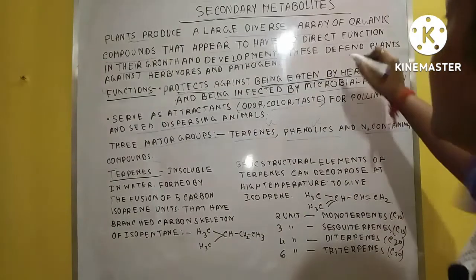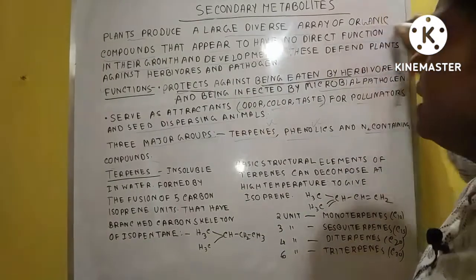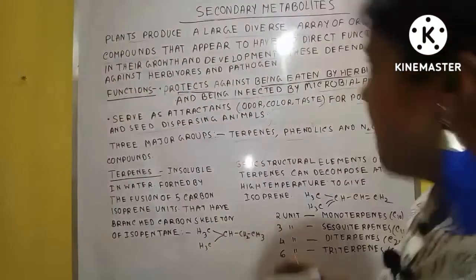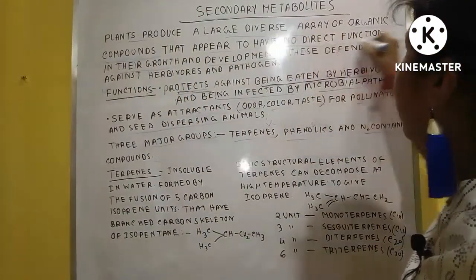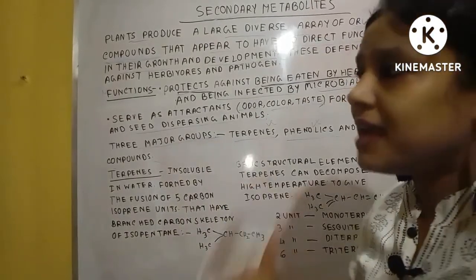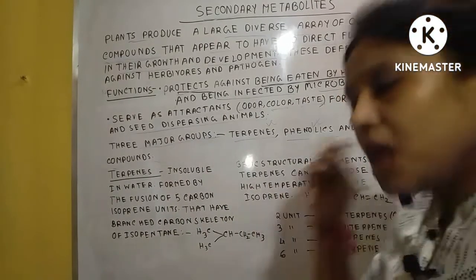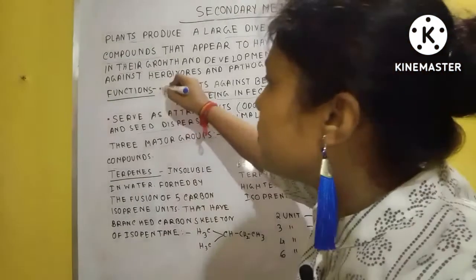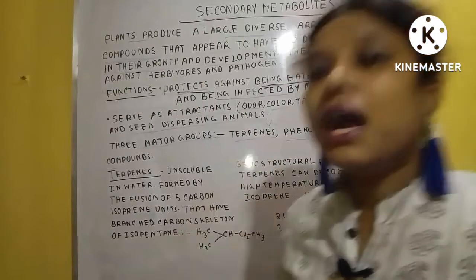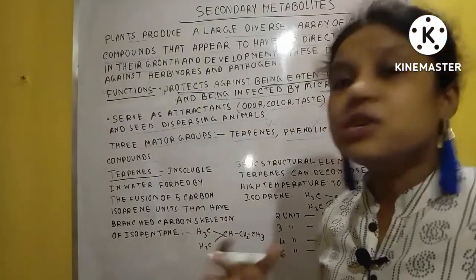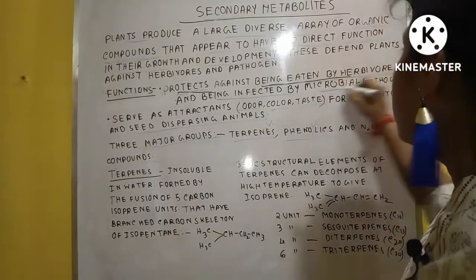The secondary metabolites are organic compounds that appear to have no direct function. I just said that they have no direct function on the plant's body, but they have some roles. First, they protect the plant's body from being eaten by herbivores, and from disease creating microbial pathogens.